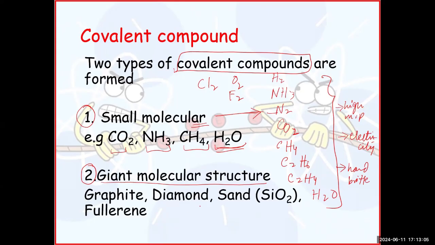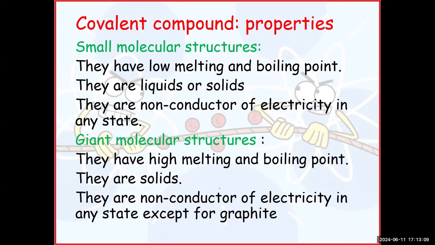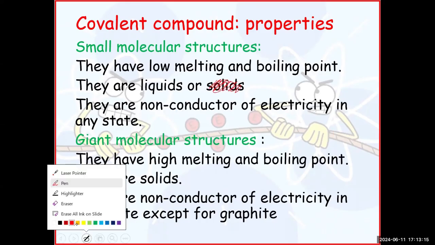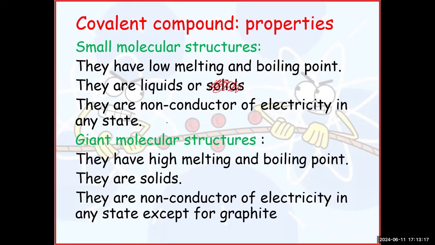Here I am taking you towards the properties of covalent compounds, comparing the properties of the two types of compounds. So the first thing you should know is that all the small molecular structures, and if you go back and look at all of them carefully, you will find that none of them was a solid.